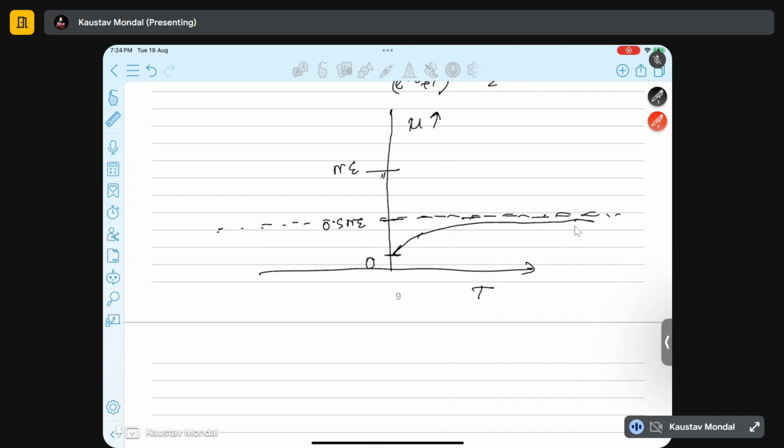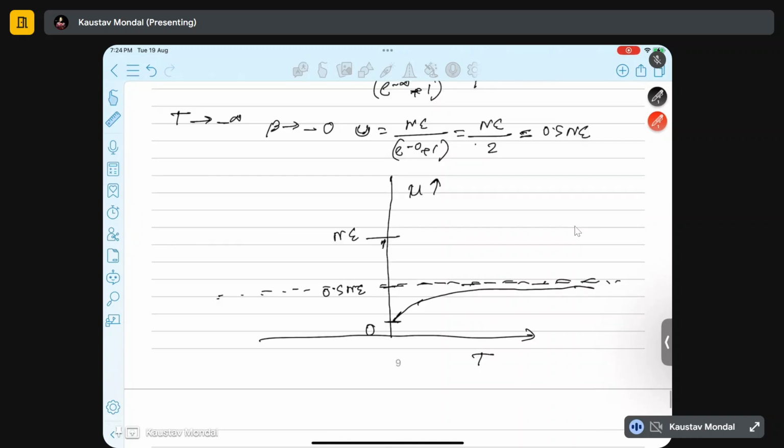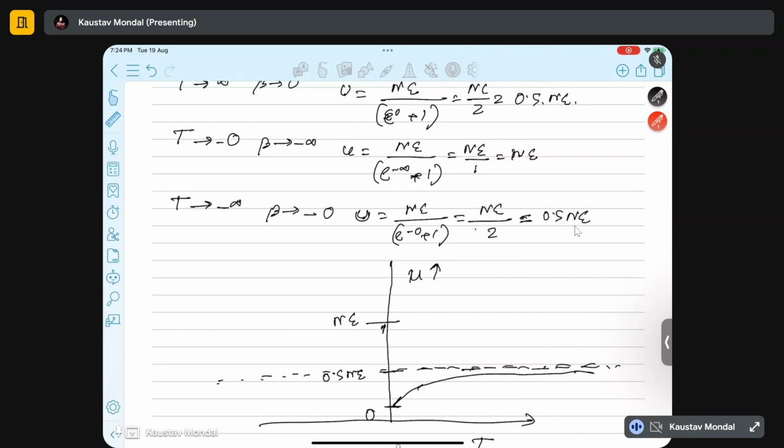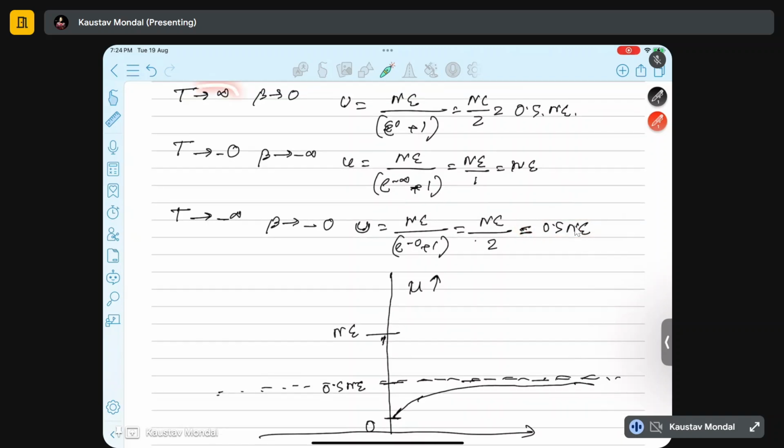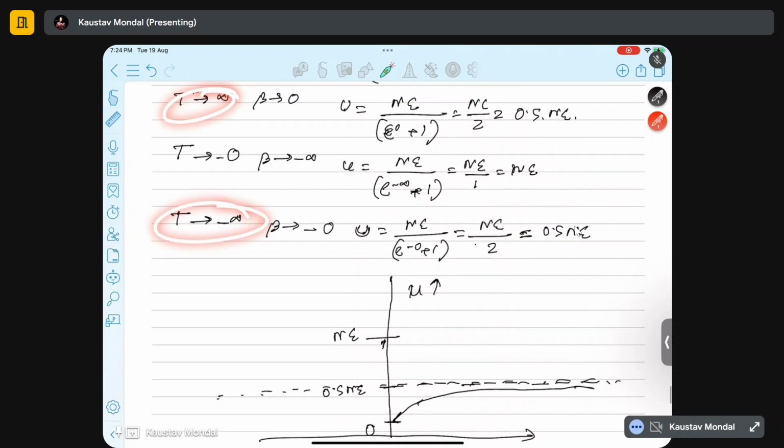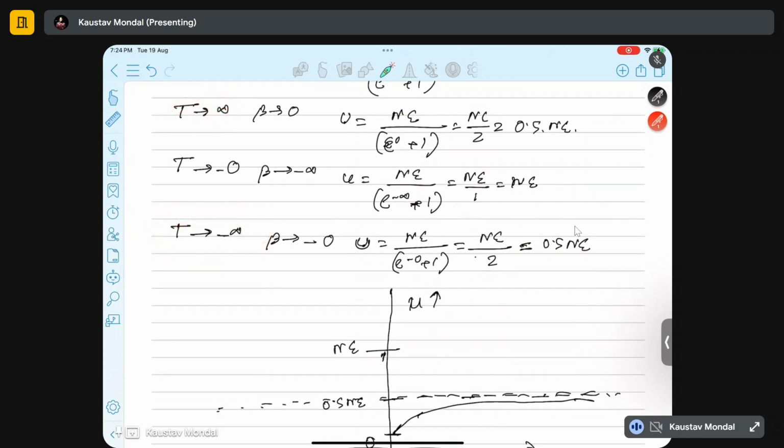So for T tends to minus 0, the internal energy proceeds to the value n epsilon, and when T tends to minus infinity, the internal energy approaches the value 0.5 n epsilon, just similar to when T tends to plus infinity. So in both the cases of T tends to plus or minus infinity, the internal energy approaches the same value.